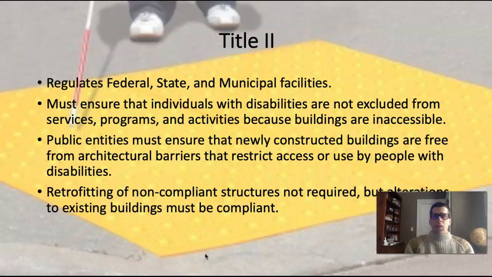It's saying that people with disabilities can't be excluded from any services or programs or activities that are publicly funded because the building is inaccessible. That building has to be accessible. All new construction has to be free from any sort of architectural barriers that might prevent people from accessing the building.